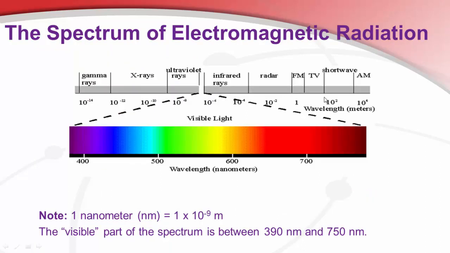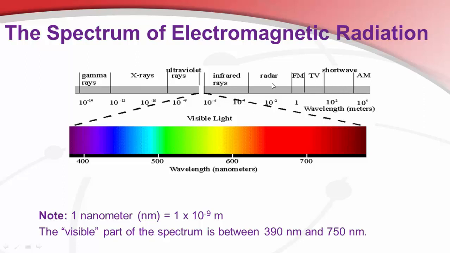Now, light is just a subset of the full spectrum of electromagnetic radiation. So we run right from gamma rays over here where the wavelength is very, very small, through X-rays, ultraviolet, if you want to work on your tan, the visible spectrum through here, infrared, radar, FM, TV, shortwave, and AM.